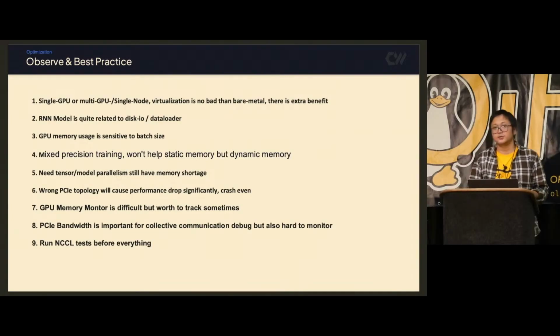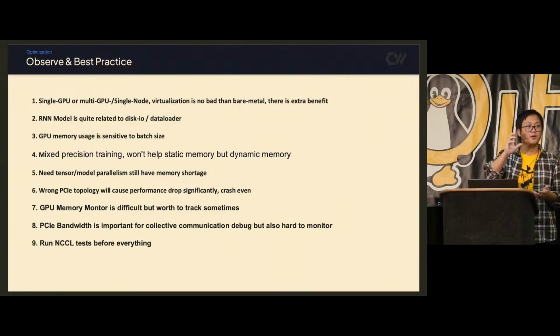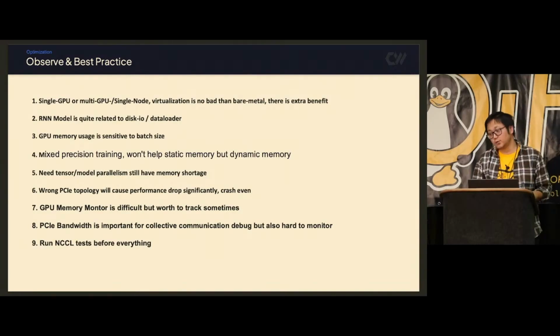And also, we discussed all this AI infrastructure, the hardware topology, this kind of hierarchy. If we send the wrong information to the platform, it will cause the performance to drop significantly.